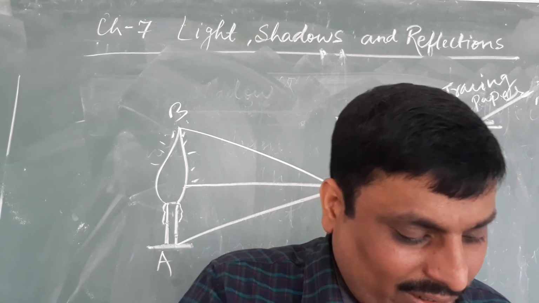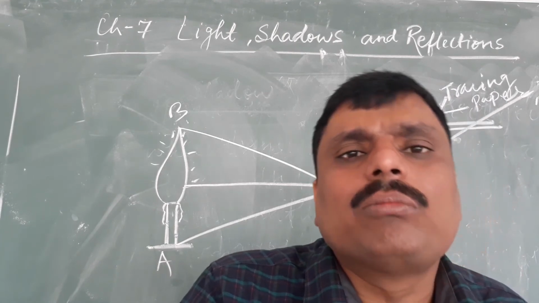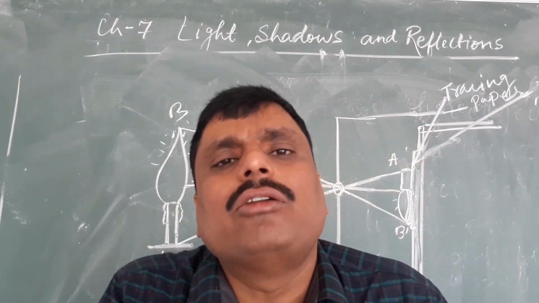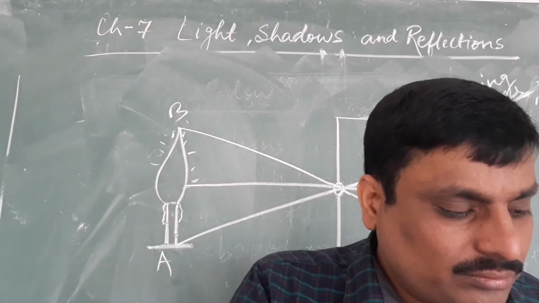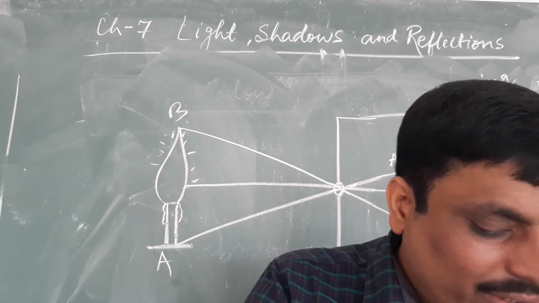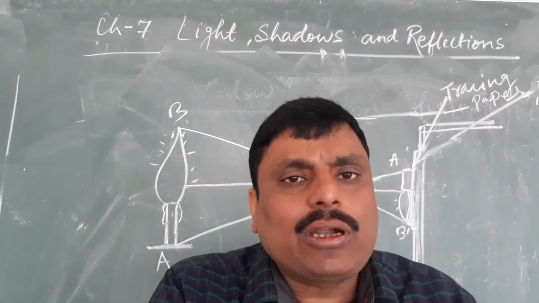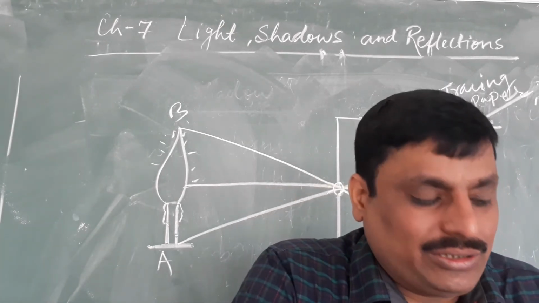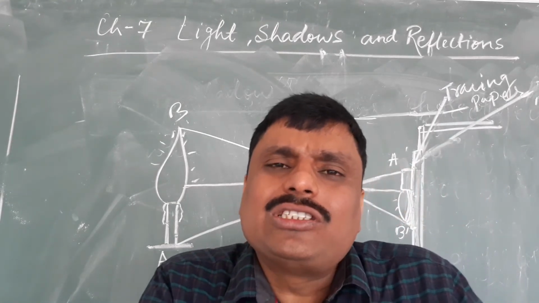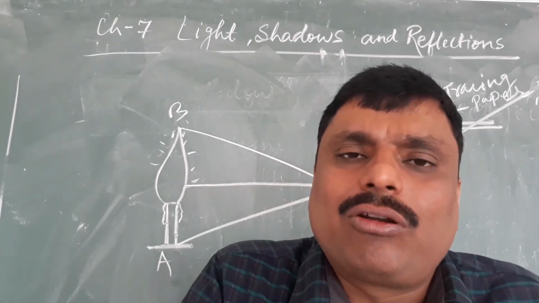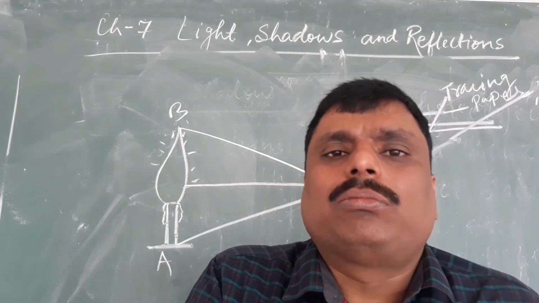Okay. Next, if anyone asks you to name the object which forms a shadow, your answer will be any opaque object. Difference between shadow and image: if anyone asks you the main differences, it was explained by me previously that a shadow is simply the outline of the particular object that we keep in the path of the light, blocking it.